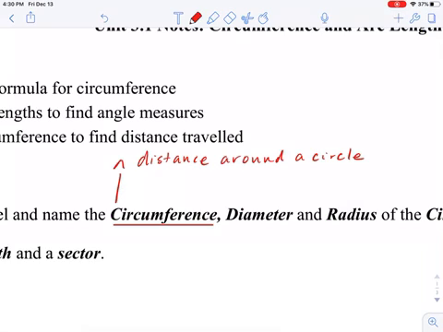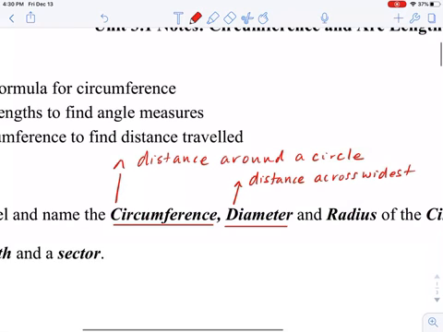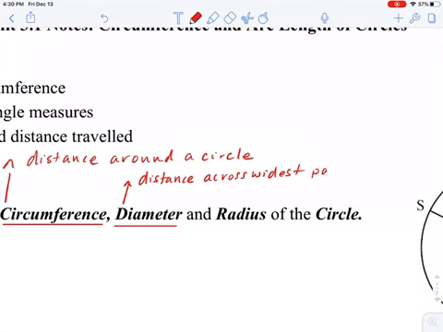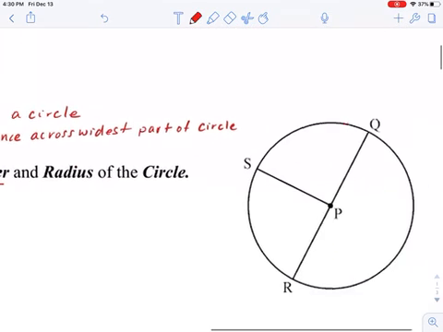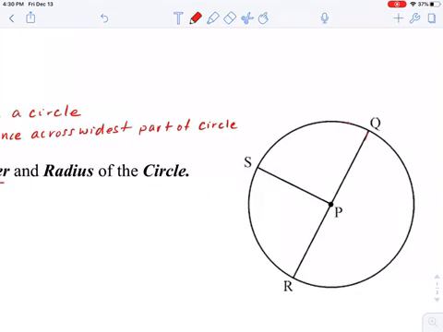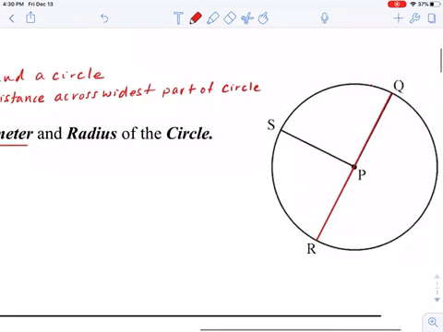The next word we'll look at is diameter. The diameter is the distance across the widest part of a circle. So in this diagram, QR, right there in red, is a diameter.